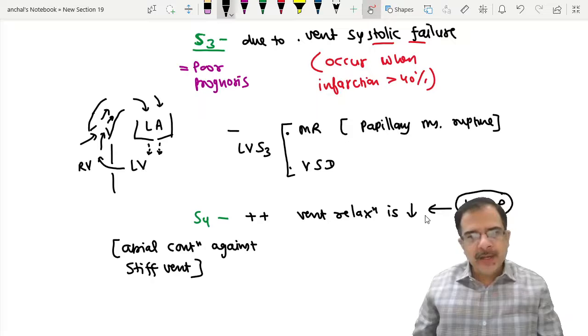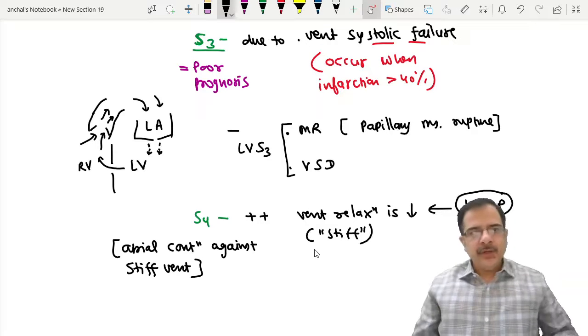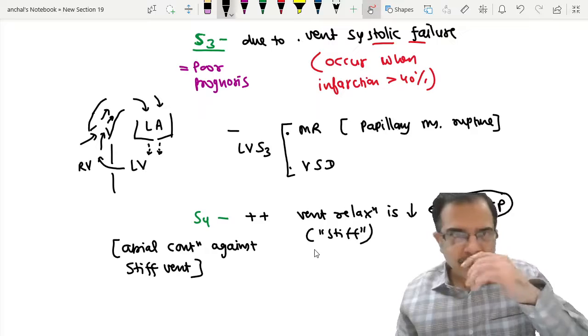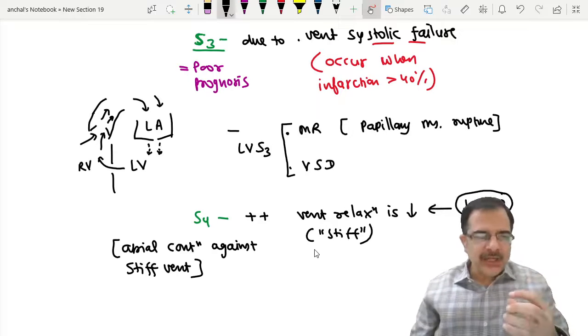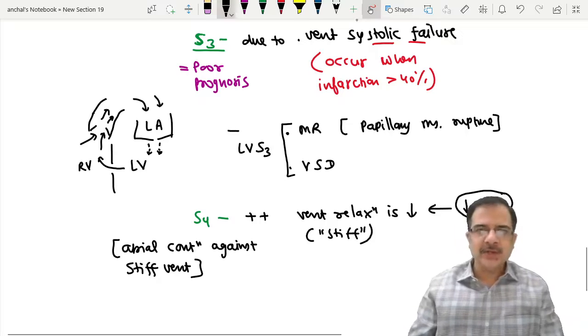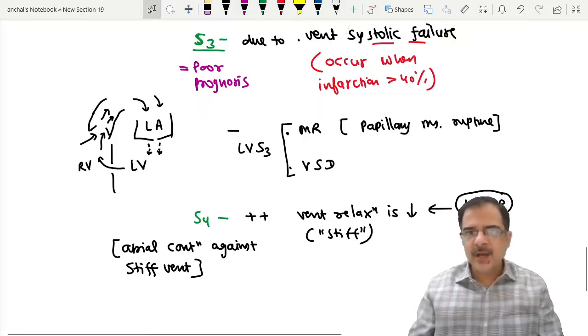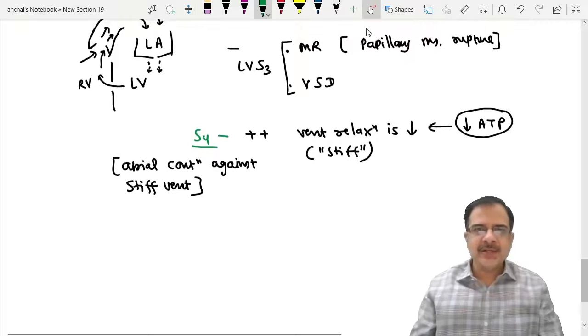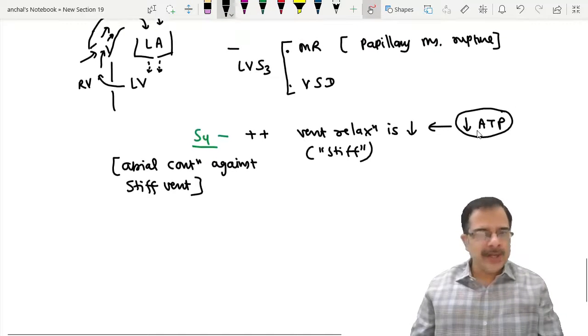So low ATP, low relaxation of the ventricle, and the ventricle becomes stiff. So it is very common indeed. S4 is more common than S3 in any case of myocardial infarction. So this is the reason for S4 being present in cases of MI, due to decreased ventricle relaxation, due to the low ATP.